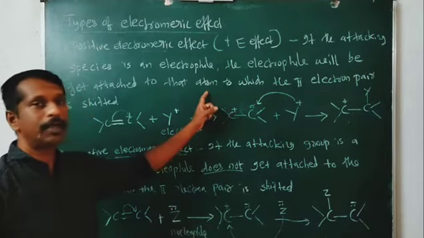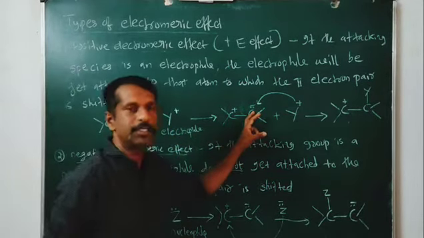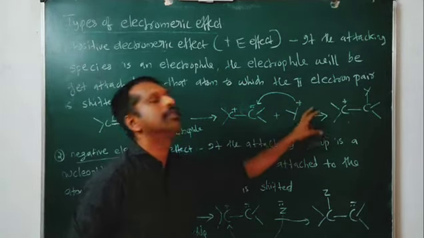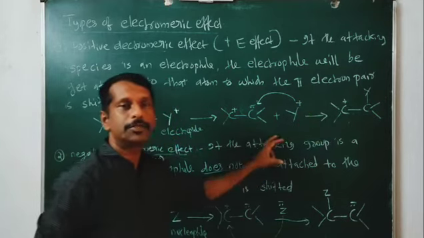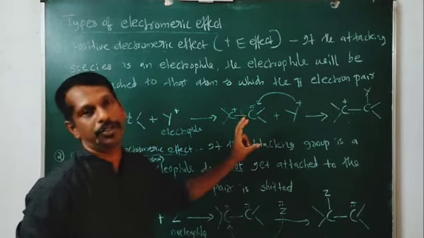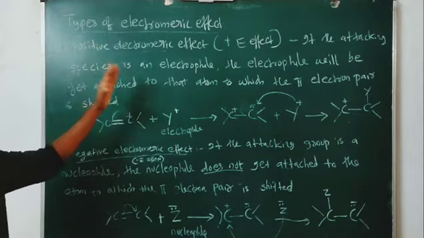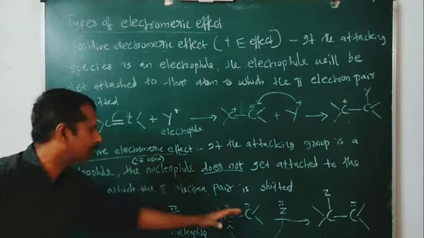But the electrophile, which means a positively charged species, will always go to the atom which has a negative charge. So this is the positive electromeric effect and the negative electromeric effect.